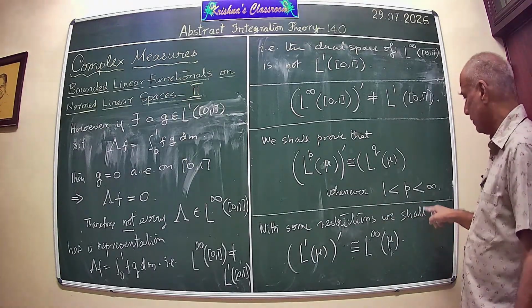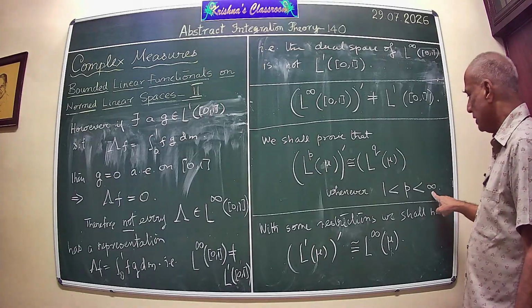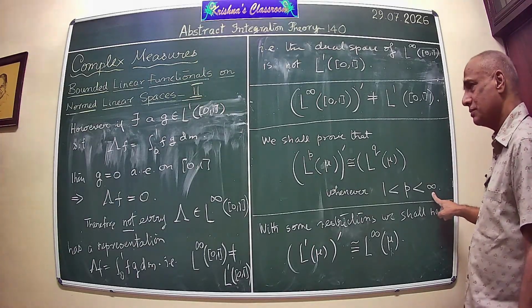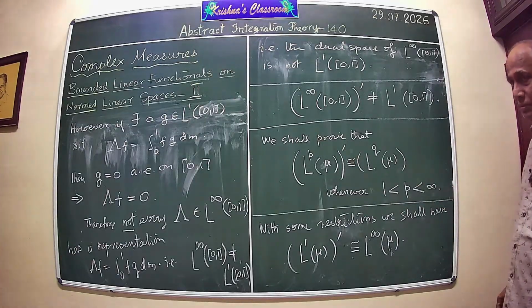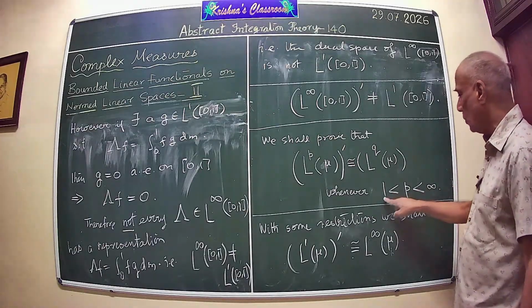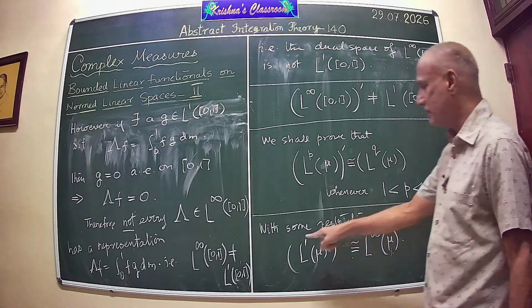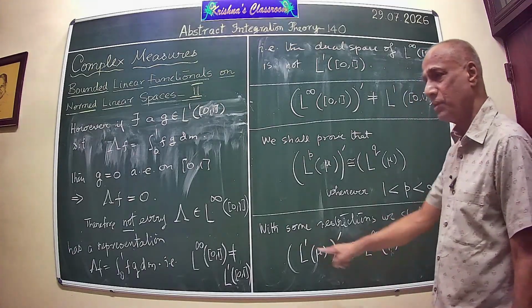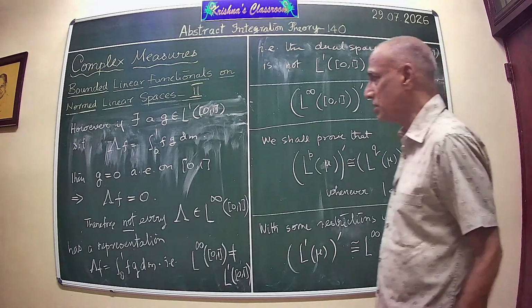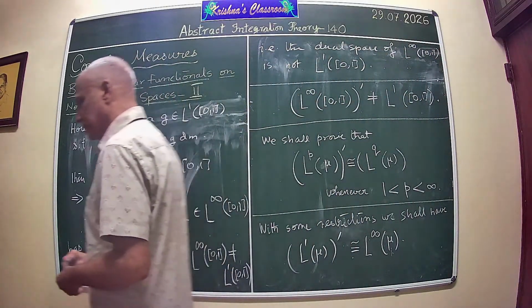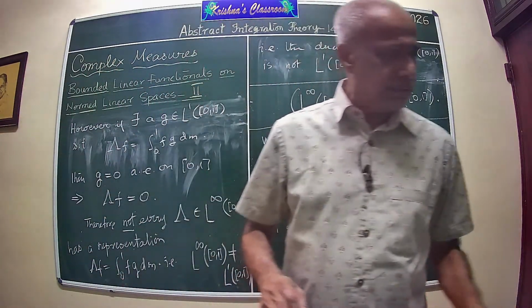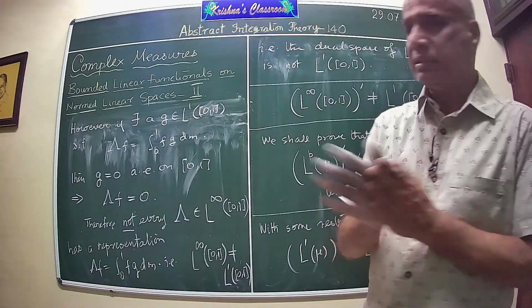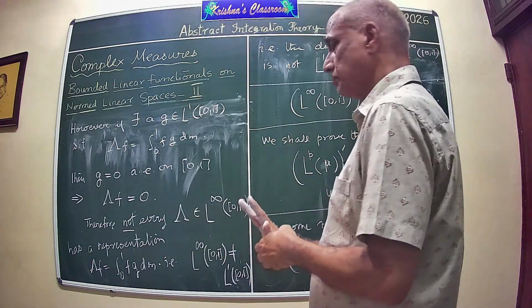And we have shown that when p equal to infinity, this is not true because we have given an example. And when p equal to 1, then with some restrictions, we are able to come to the conclusion. So this will be the main theme of the lectures that we do. So we will be exploring what the dual spaces are.